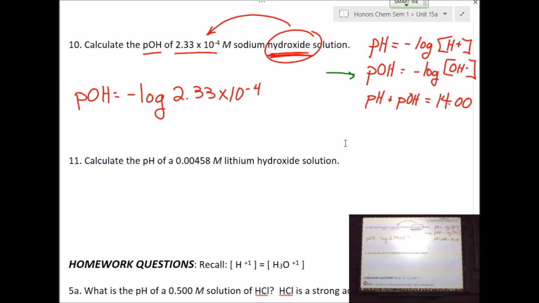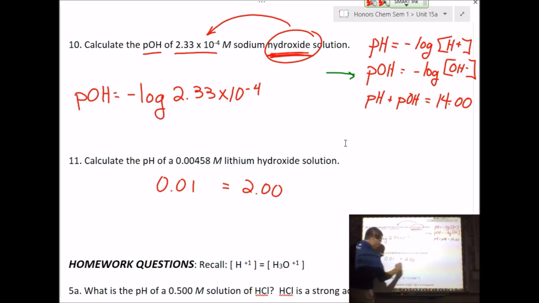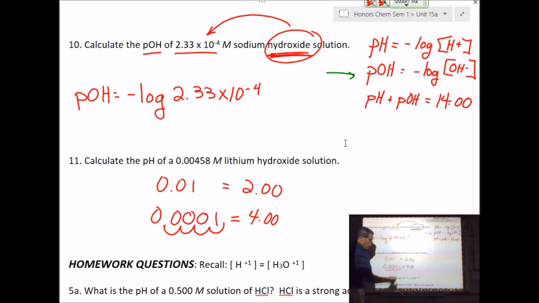So when we're talking about base 10 for our logarithms, if you had, like in the last problem, 0.01, that equals 2.0. Okay. Let's see if your mental math is great here. If I had 0.001, what should my pH be based on logs? 4. How did I get that? Because I moved the decimal place 4 places. So when your number is 1, then the 4 represents how many times you move your decimal.